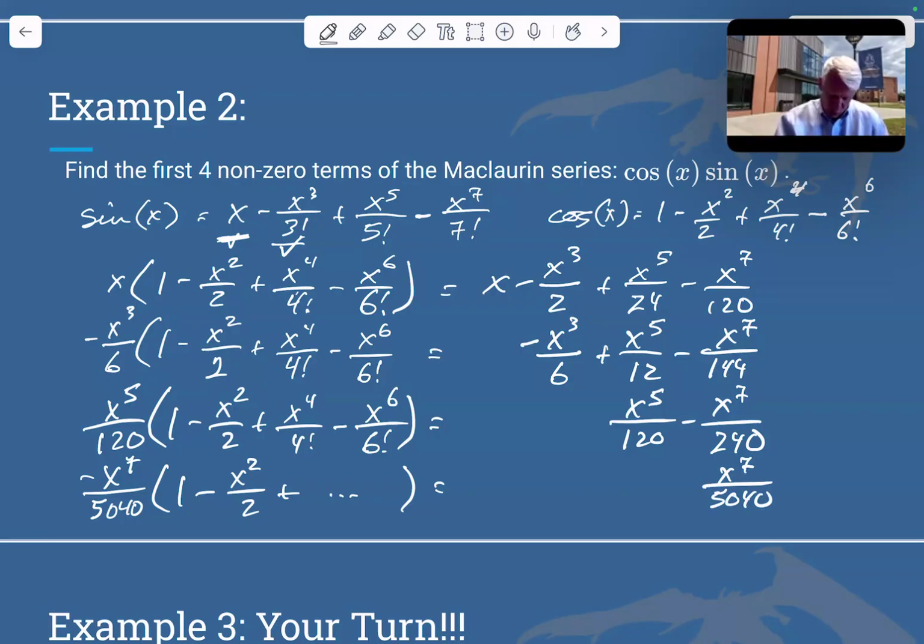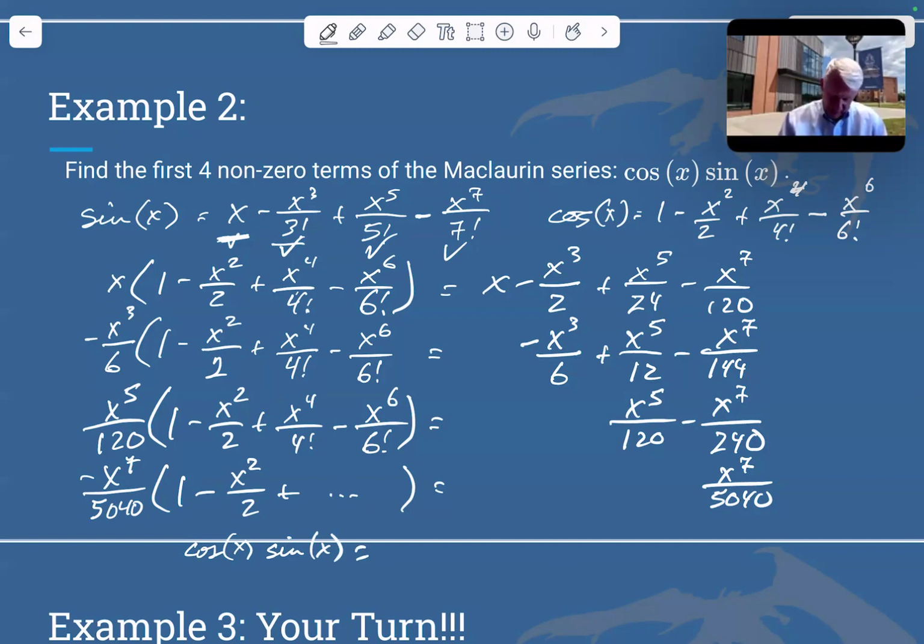So as a result, now I just need to add straight down because I'm literally just multiplying the appropriate pieces for each of these. So what is this cosine of x times the sine of x?